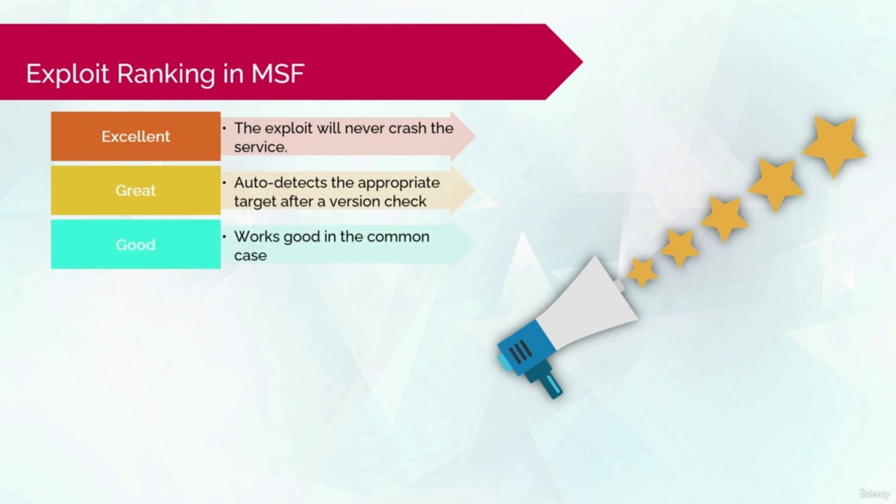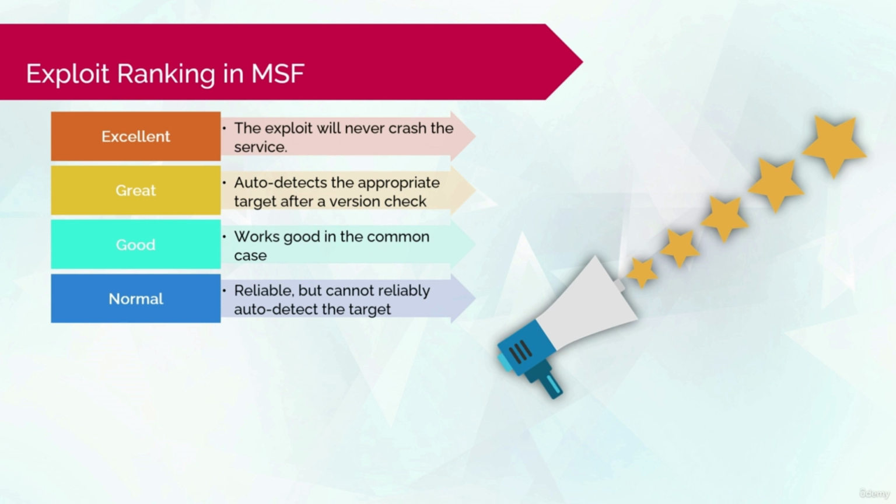Good. The exploit has a default target, and it is the common case for this type of software. Normal. The exploit is otherwise reliable, but depends on a specific version and can't or doesn't reliably auto-detect. Average. The exploit is generally unreliable or difficult to exploit.